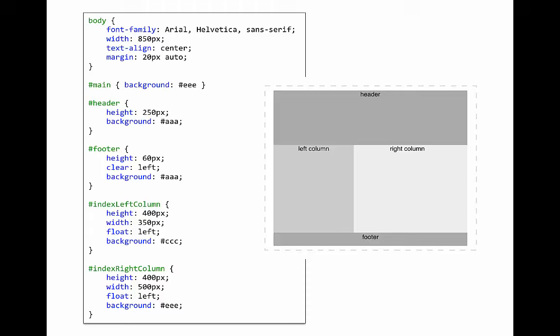There are also ID selectors. These are the remaining selectors you see here. Their names are always preceded by a hash mark, like hash main and hash header. ID selectors can only be used once in a document. So the ID selector uniquely identifies a particular element in a document.